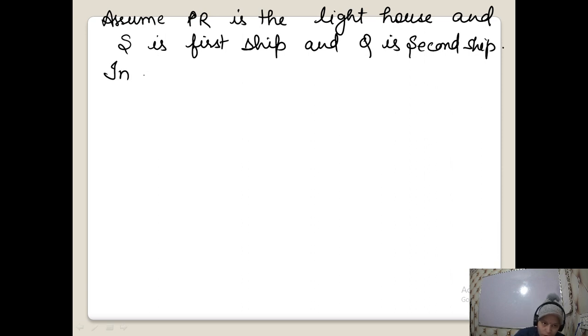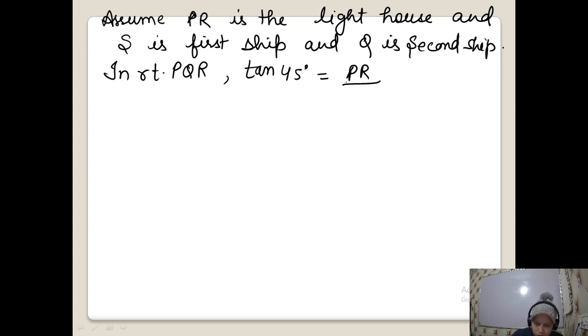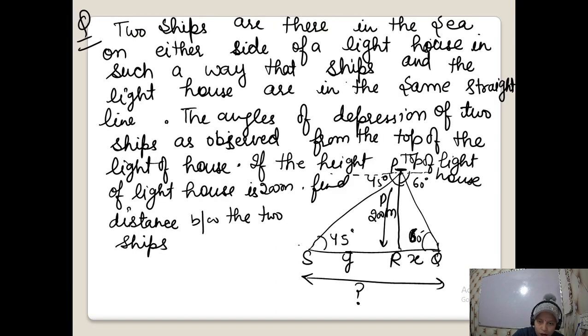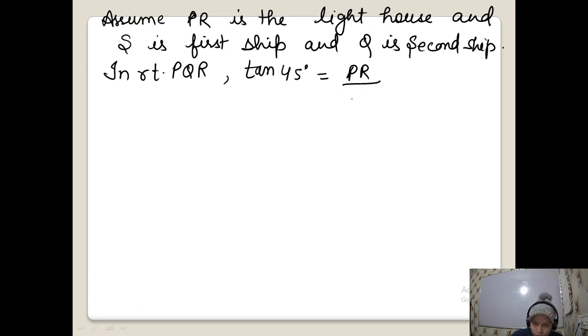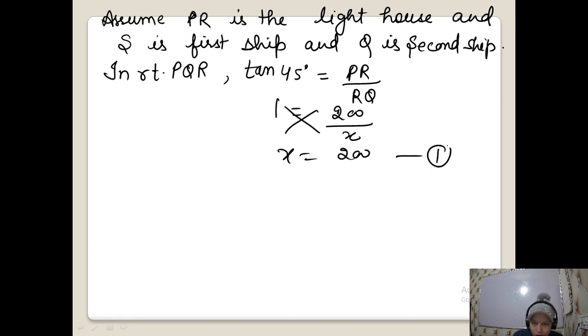Now first in right triangle PQR, tan 45 degree is equal to PR over RQ. 1 is equal to PR, that is given 200, RQ is assume X, so X is equal to 200, that is first equation.